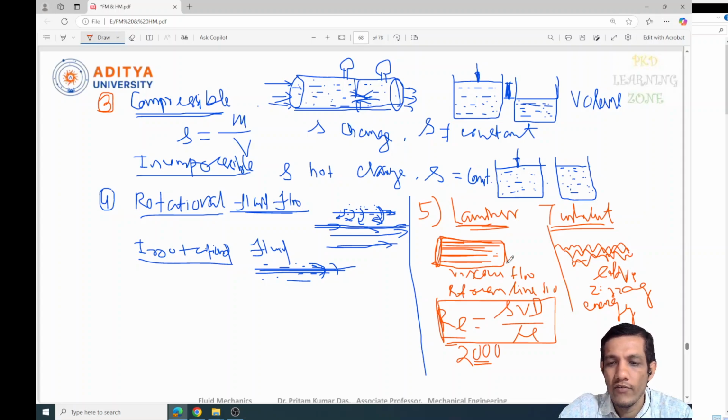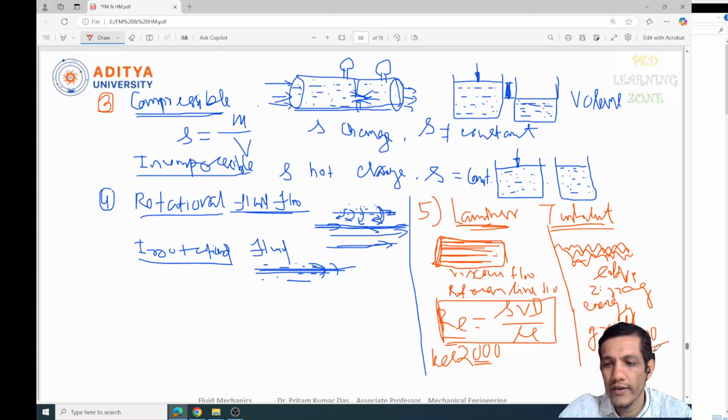If the Reynolds number is greater than 4000, then we can say it is turbulent flow.